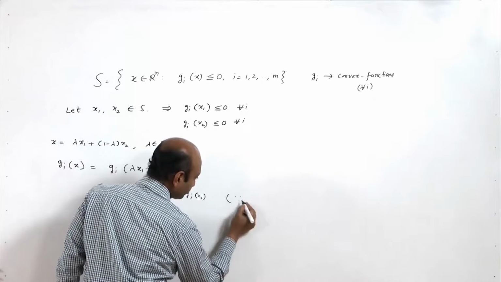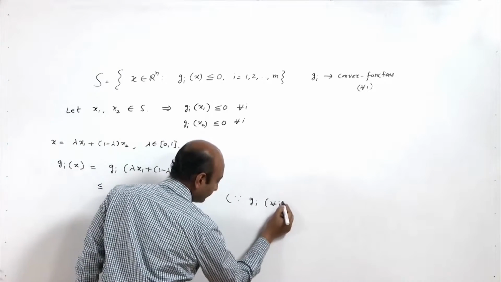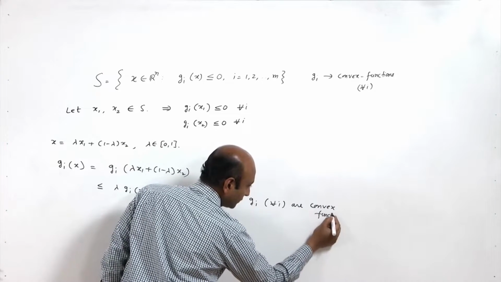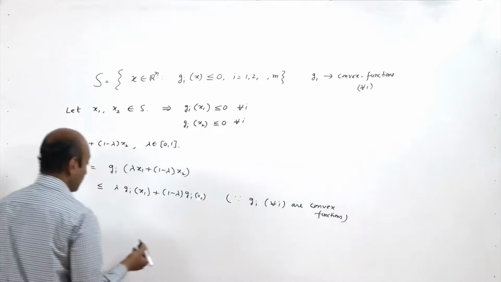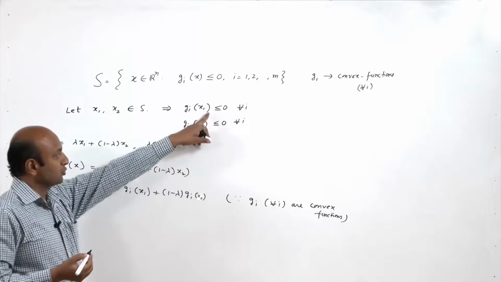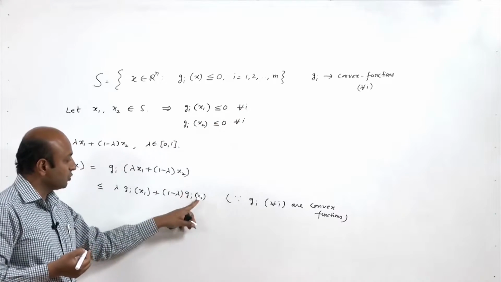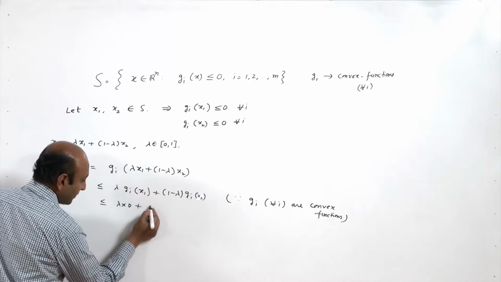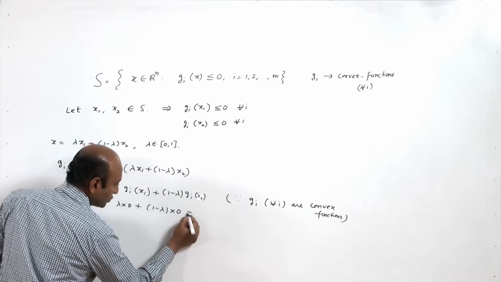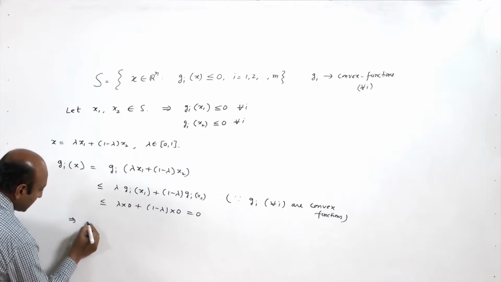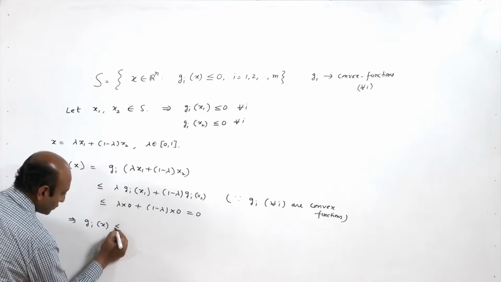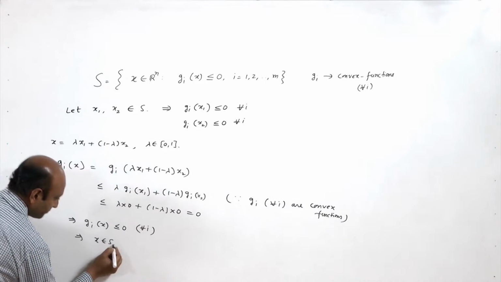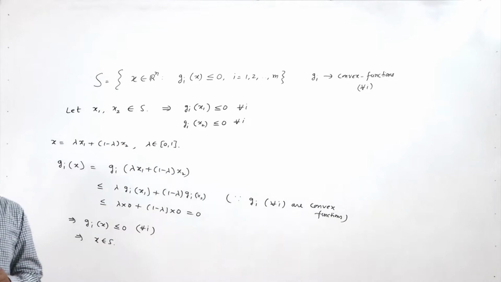Now, g_i(x1) is less than or equal to 0 for all i, and g_i(x2) is also less than or equal to 0 for all i. So, this is less than or equal to lambda times 0 plus (1 - lambda) times 0, which is equal to 0. So, this implies that g_i(x) is less than or equal to 0 for all i, and this implies x belongs to S. Hence, S is a convex set.